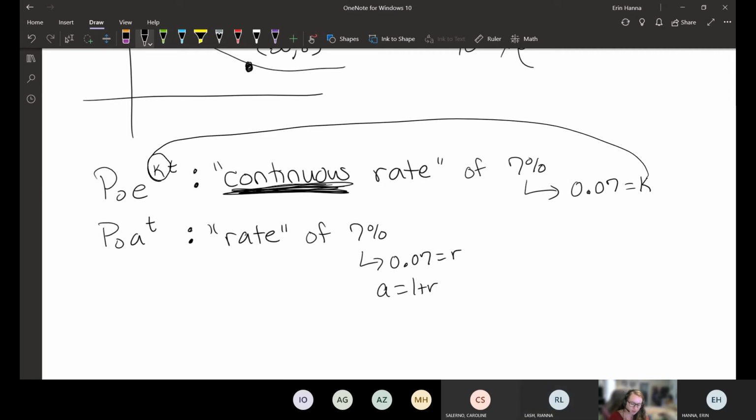But the k value is just the k value. So with the continuous rate, you never have to manipulate it. It just kind of is what it is.